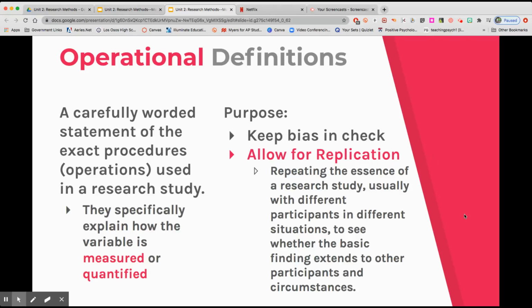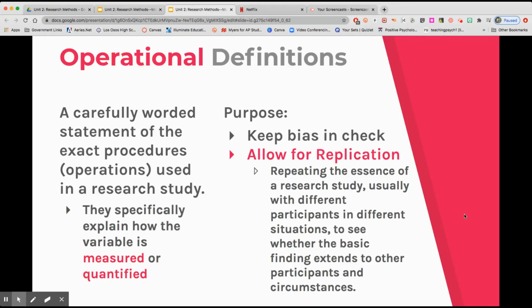The reason operational definitions are so important is, 1, they keep bias in check. And 2, they allow for replication, meaning if someone wanted to repeat my study to see if they got the same results, and we were talking about love, if they don't follow the same procedures I did and measure it in the same way, how can they compare their results with mine?